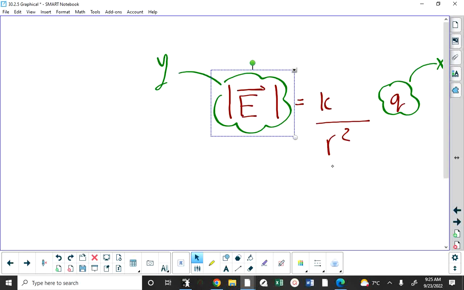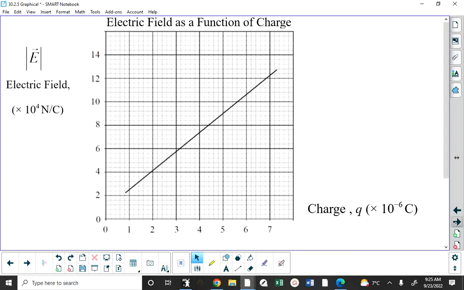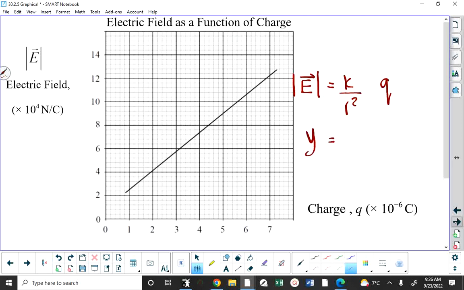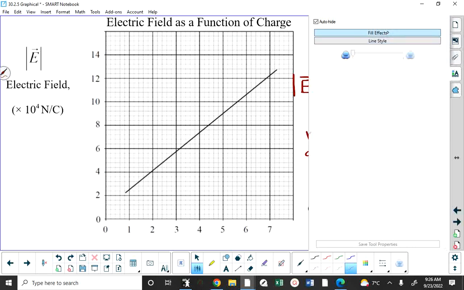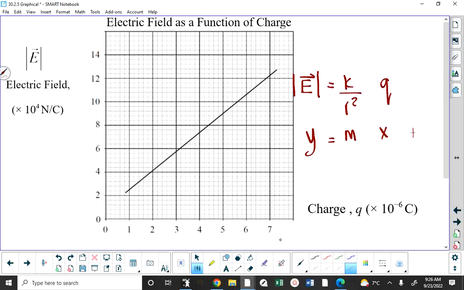The slope is going to be k over r squared. So the reason you get a straight line is because electric field strength is equal to k over r squared times the charge. And y is equal to the constant, which is the slope, times x, plus b.